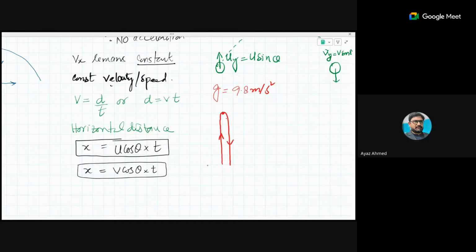So here it has uy, here vy goes to 0, again it drops down and vy is again non-zero, which is equal to v sine theta. But along the x-axis it has a constant velocity, no direction reversal. That is why vx is equal to ux, which equals u cos theta, or v cos theta.